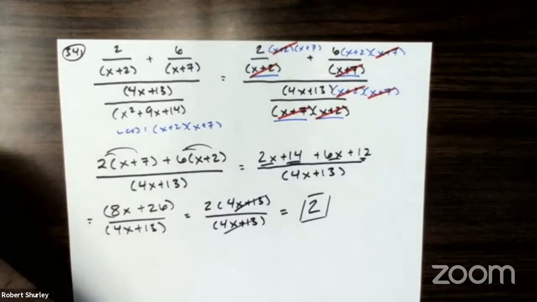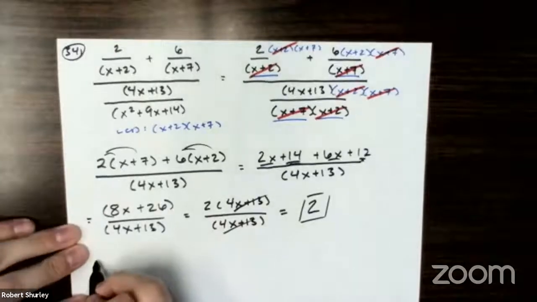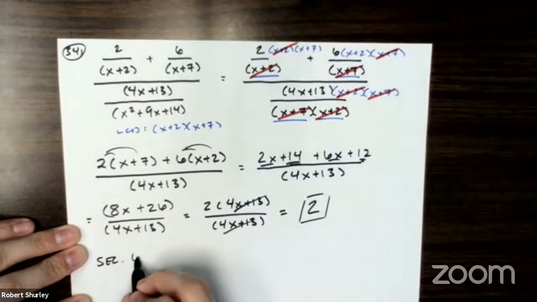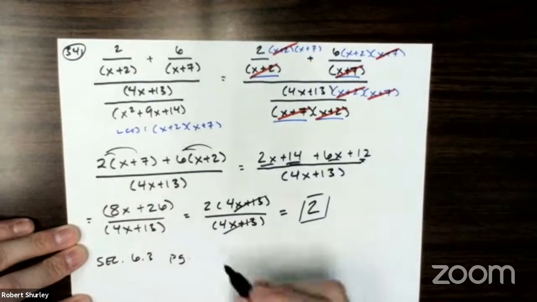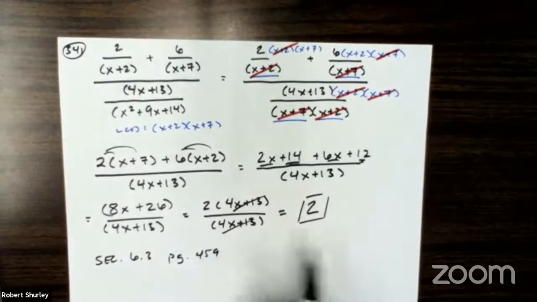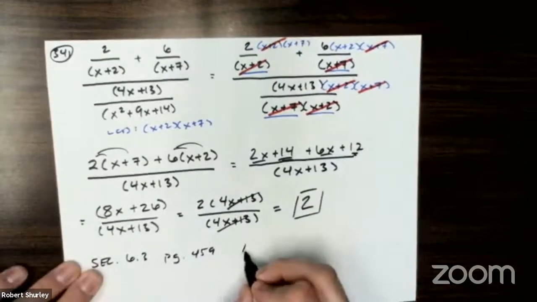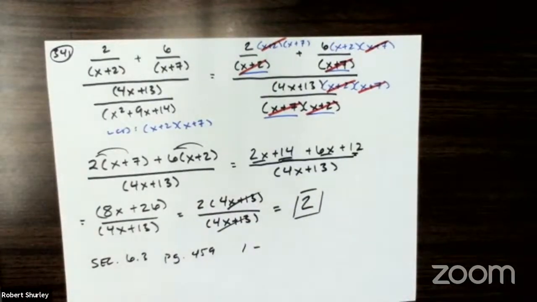Awesome. Okay? Awesome. So for homework, this is section 6.3, page 459. I want you to do 1 through 33 odd, minus 15. Hold on, I gotta find it here.